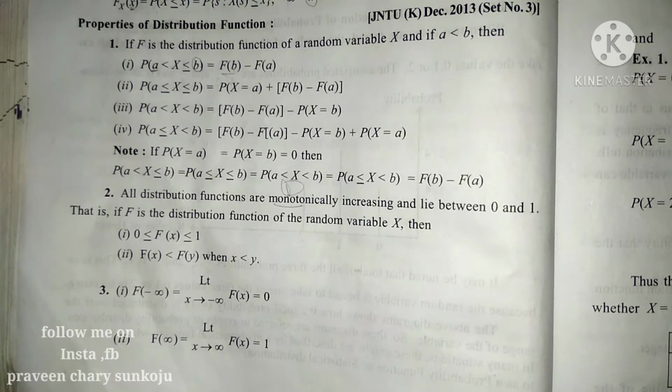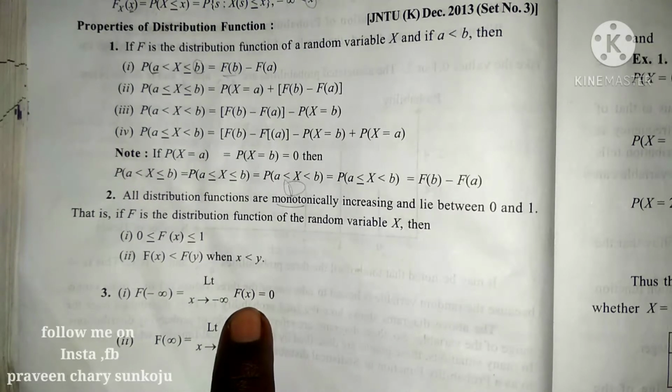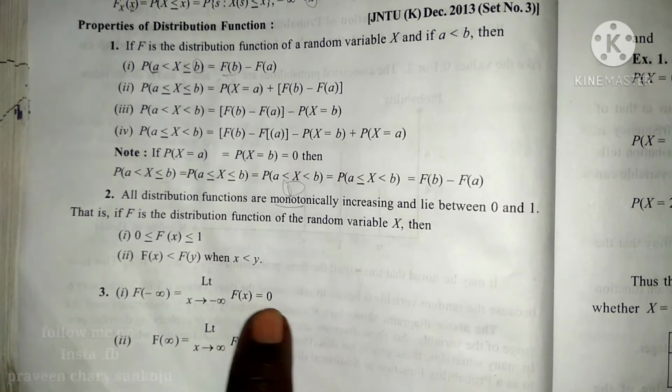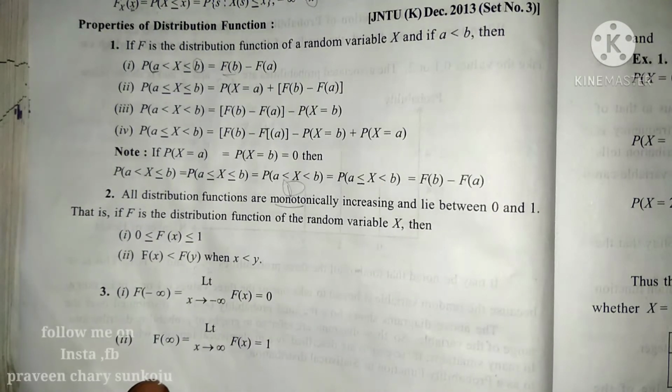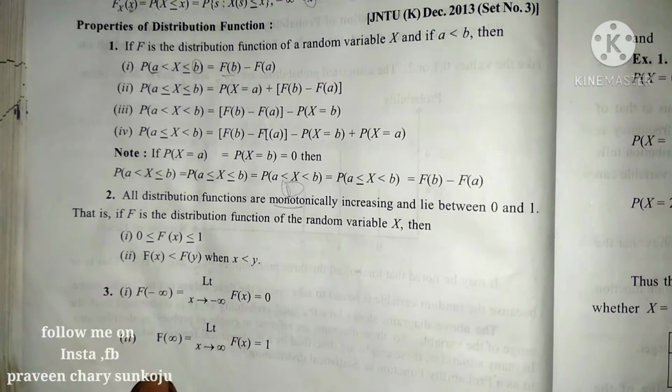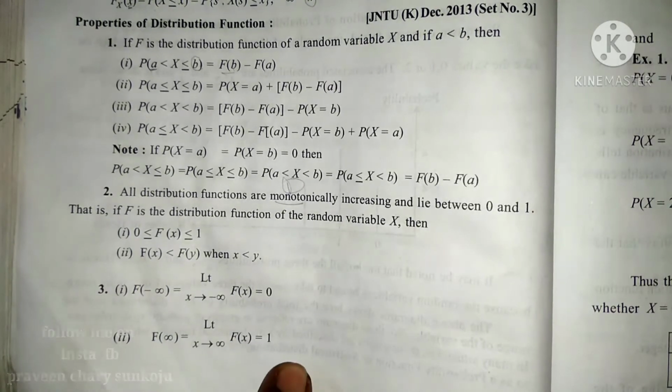And next, the function at minus infinity: taking the limit as x goes to minus infinity, F(x) is going to be 0. Similarly, for positive infinity it is going to be 1.